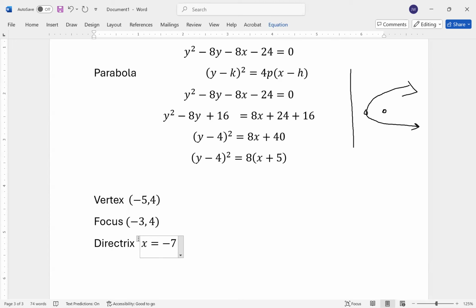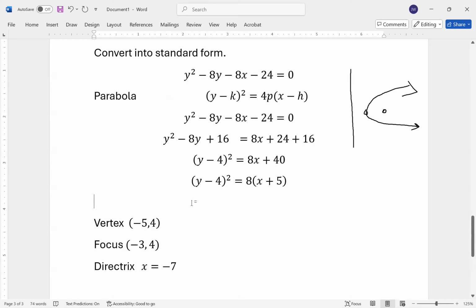So take -5 minus 2 and get a -7. So once I have the standard form, getting those features is pretty straightforward. If you forgot all of the relationships between the standard form and the features, then you can look that up in previous videos.